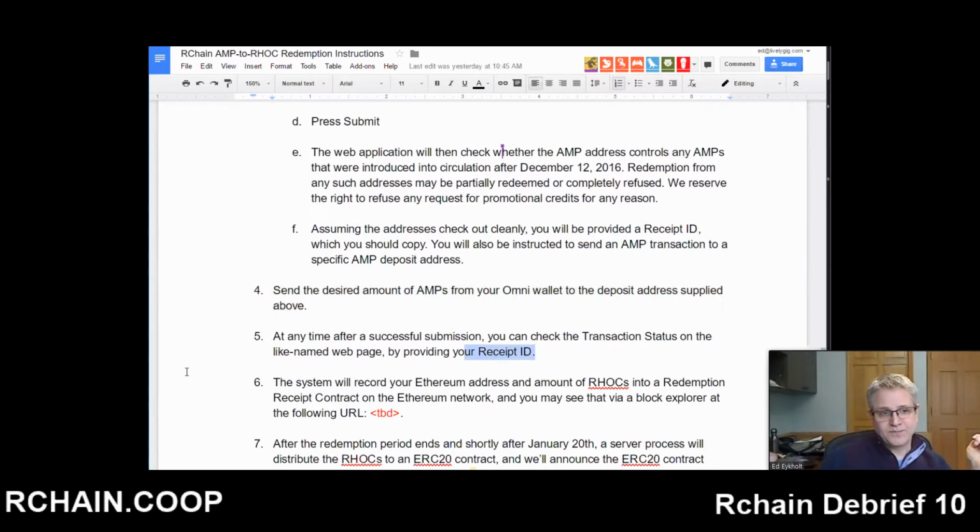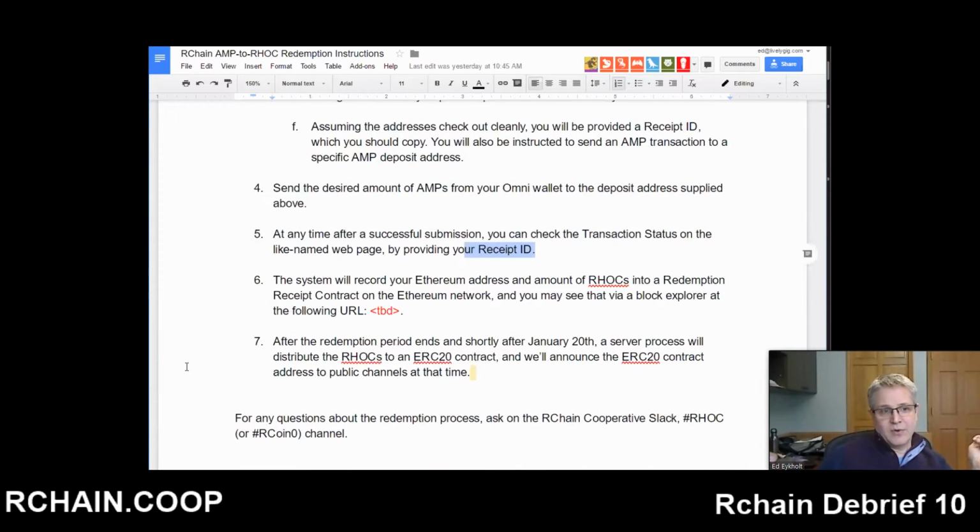At that point, the system will record your Ethereum address and the amount of AMPs into a contract on the Ethereum blockchain called the redemption receipt contract. You can think of this as an immutable log for this process. We'll provide a URL to a block explorer where you can confirm what's coming in, and see not just your transaction but others as well.